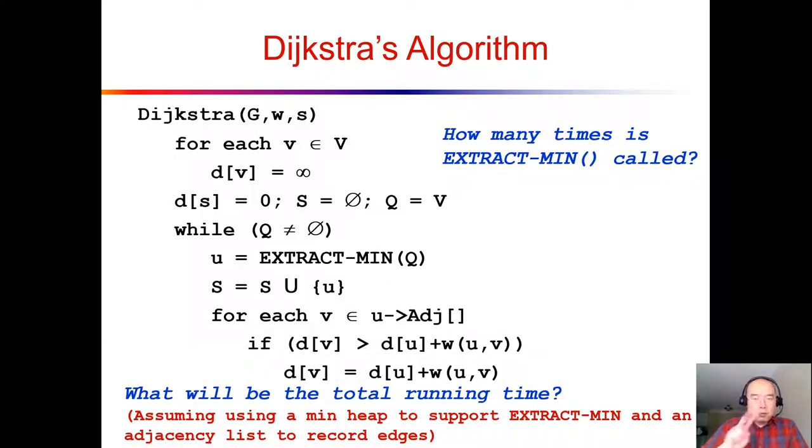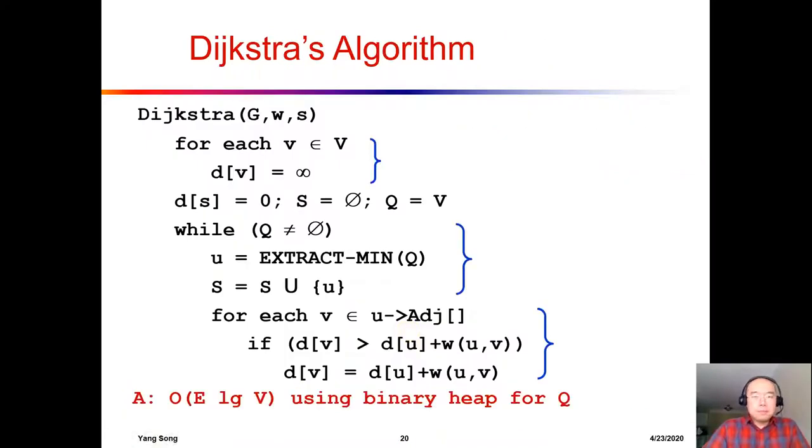Remember, we have two options: the adjacency matrix or the adjacency list. And usually, the adjacency list performs better than the adjacency matrix. So we are assuming we use the min heap to record the d values, and the adjacency list to record the edges.